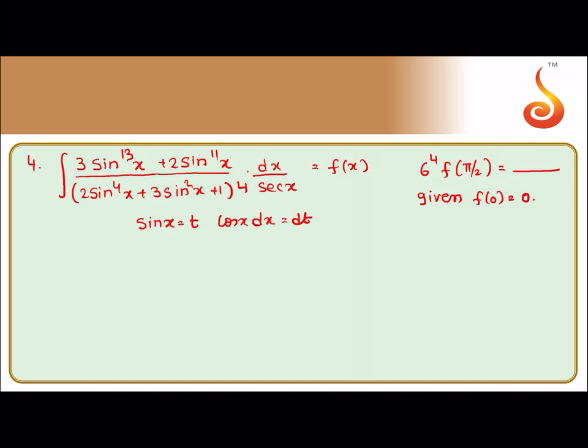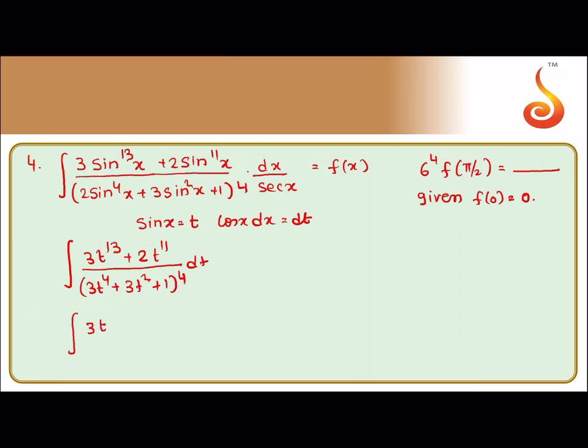We take sin x equal to t, cos x dx is equal to dt. So if you substitute it, we get 3 t to the power 13 plus 2 t to the power 11, divided by 3 t to the power 4 plus 3 t square plus 1 to the power 4, dt.